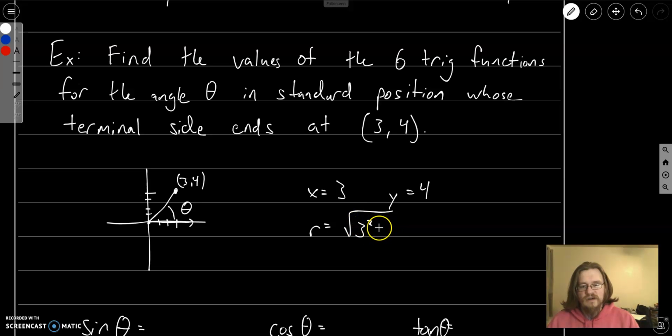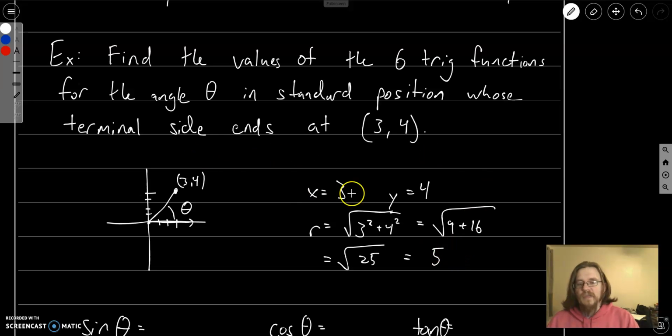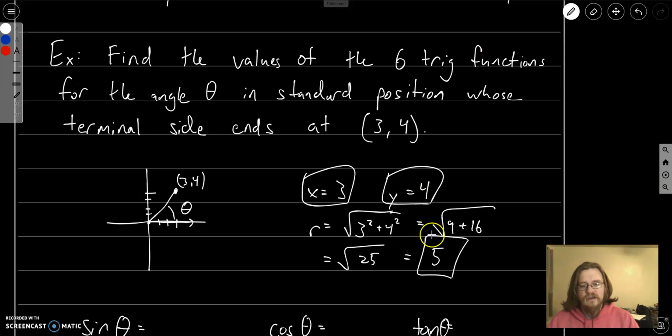So the square root of 3 squared plus 4 squared. 3 squared is 9, 4 squared is 16. And simplifying this, we've got the square root of 25, which happens to be 5. So we have x, y, and r.